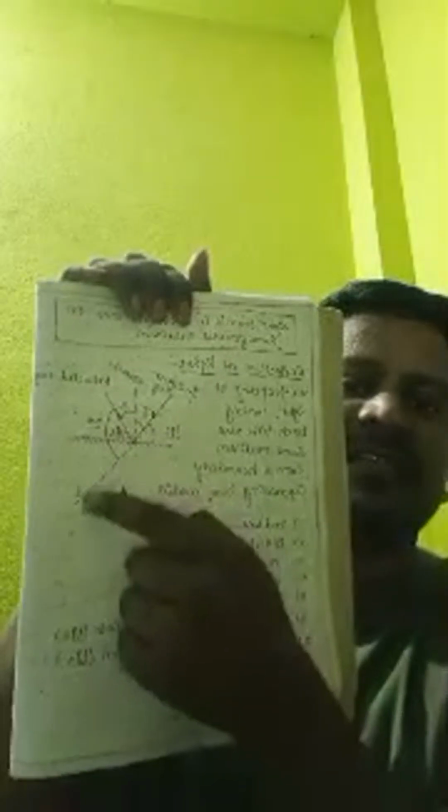This is the undeviated line, the extension of the incident ray or the original direction of the incident ray. That is about reflection of light we are discussing.